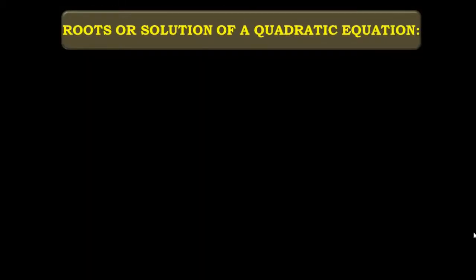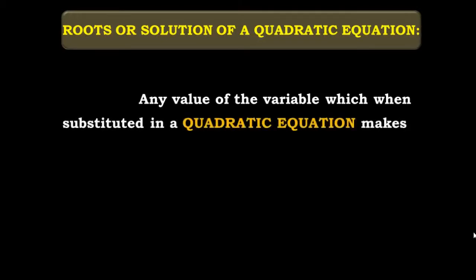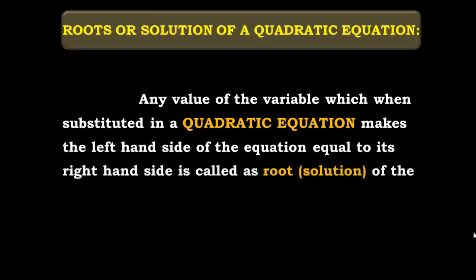Now see, roots or solutions of a quadratic equation. Any value of the variable which, when substituted in a quadratic equation, makes the left hand side of the equation equal to its right hand side is called a root of the quadratic equation.